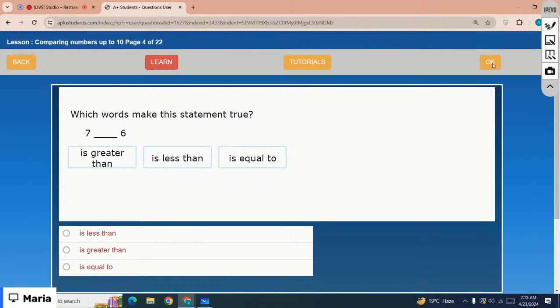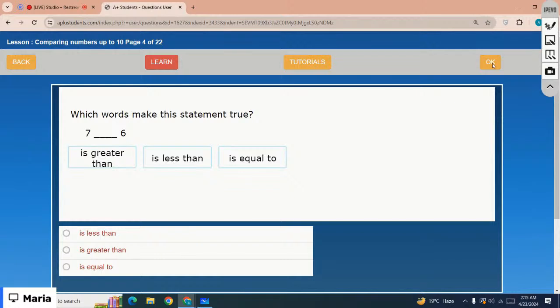Which words make the statement true? 7 and 6. The correct option is 7.